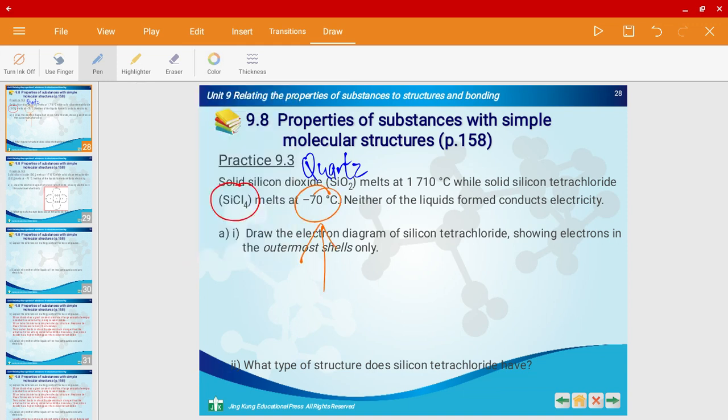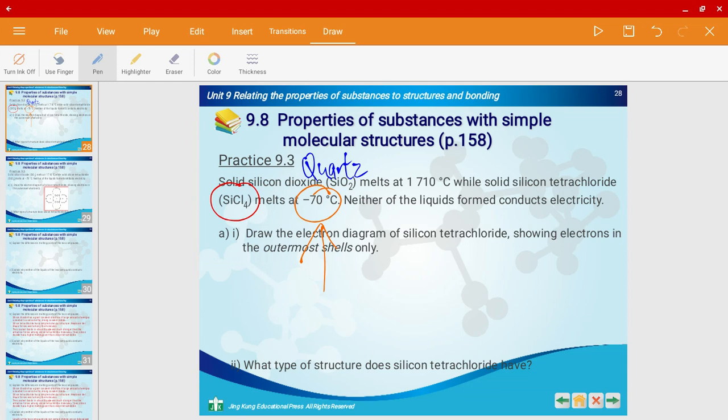If this is an ionic compound, ionic compounds have giant ionic structures, right? Do giant ionic structures have a high melting point or a low melting point? They have a high melting point, right? Because of the presence of strong ionic bonds.